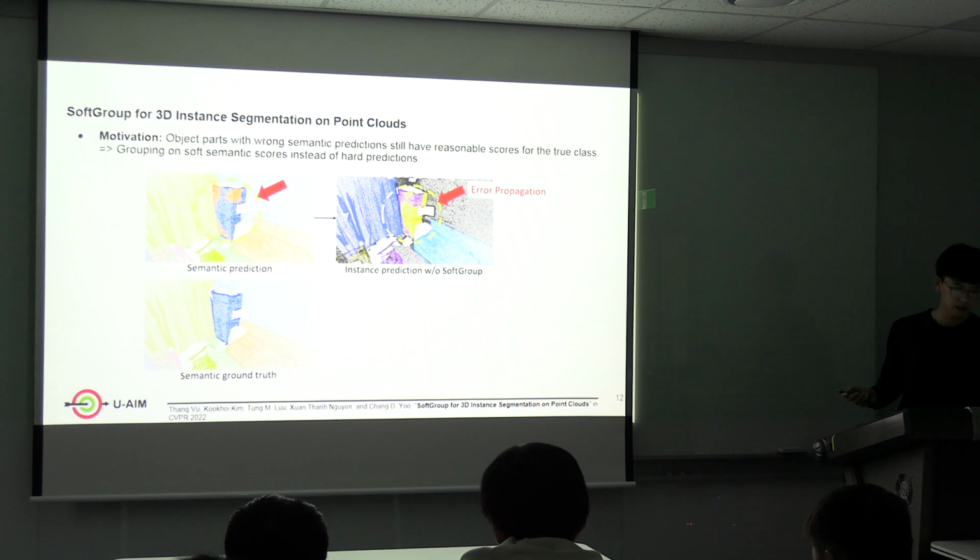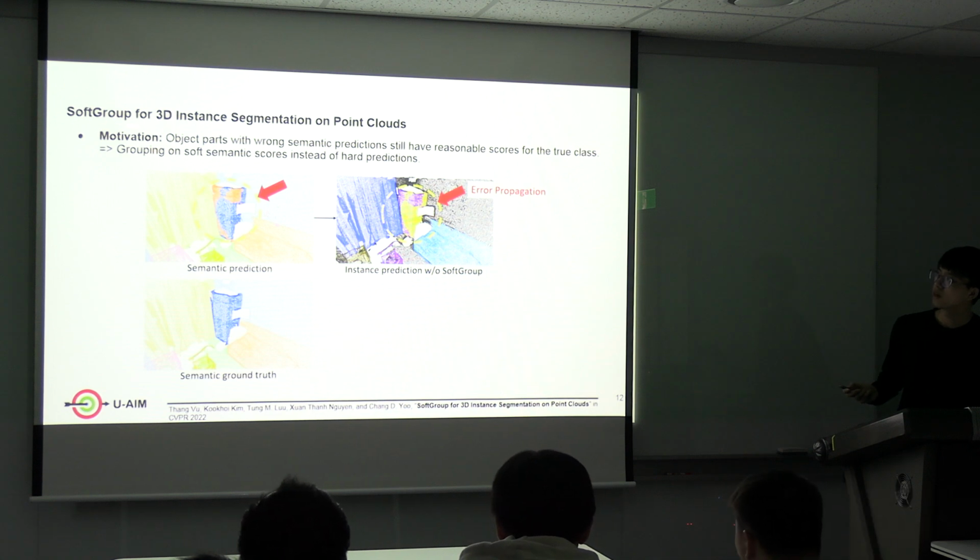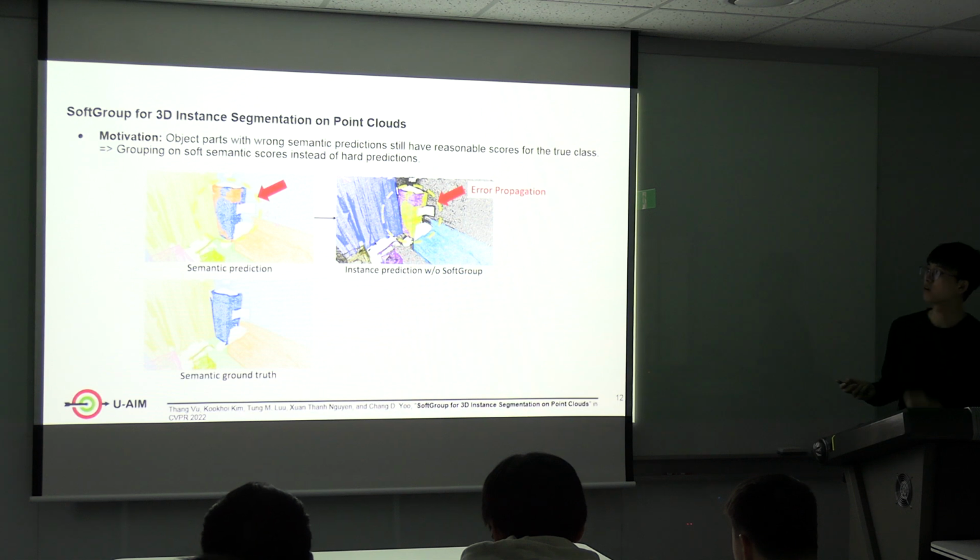For an object class with a wrong semantic prediction here, they will still have a reasonable score for the true class. So the paper named SoftGroup for 3D instance segmentation on point clouds will utilize this. They do grouping on soft semantic scores instead of hard prediction.